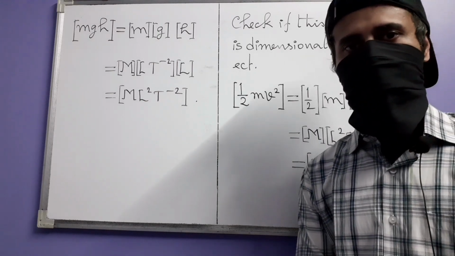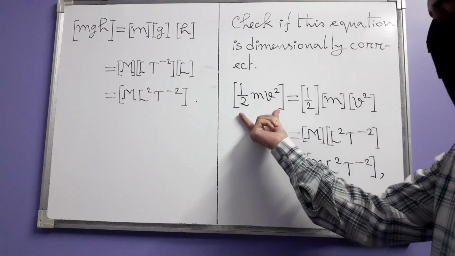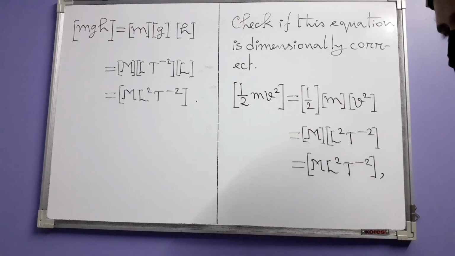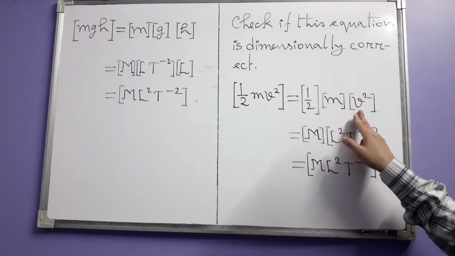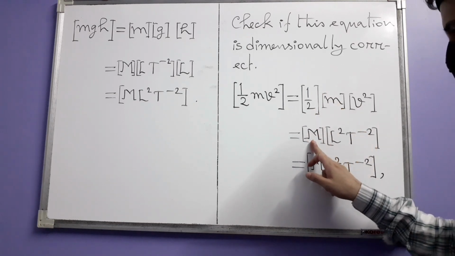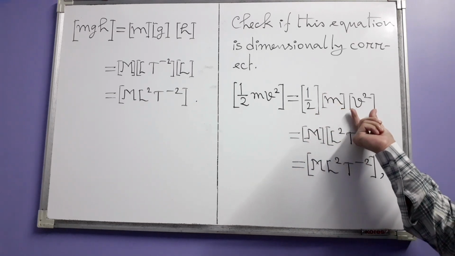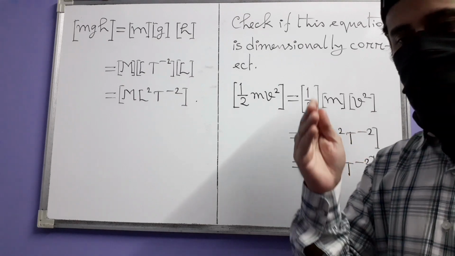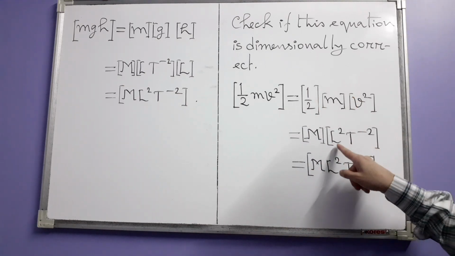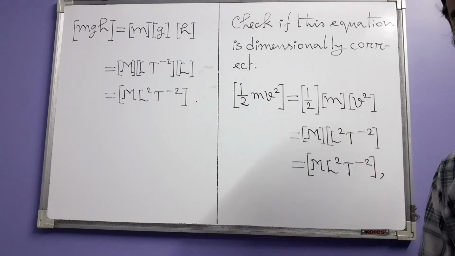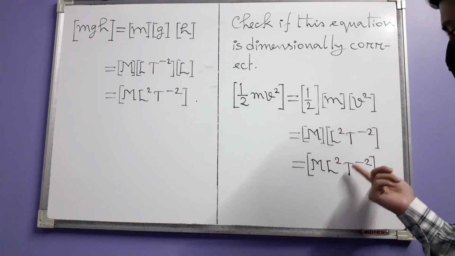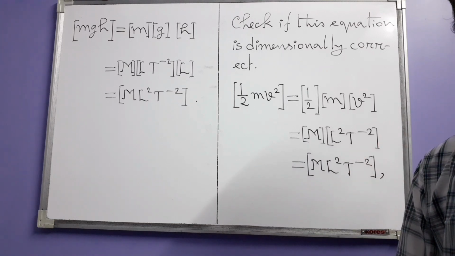So we first calculate the dimension of the quantity on the left hand side, 1/2 m v square. So that equals this. This is dimensionless. Mass has dimension M, and v square: velocity has dimension L T to the power minus 1, so its square will have dimension L2 T to the power minus 2. So the combined dimension is M L square T to the power minus 2.